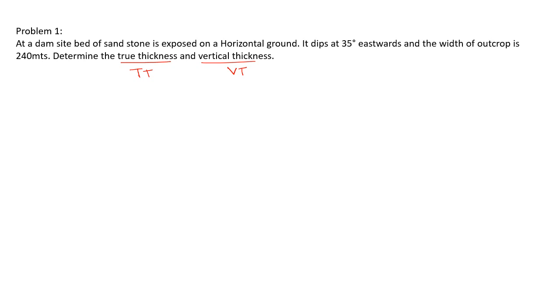So let us see the problem. First and foremost, we have to draw the ground level, that is the most important task. Second, I have a width of the outcrop, that is 240 meters.